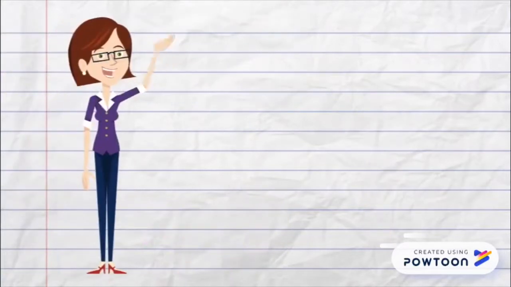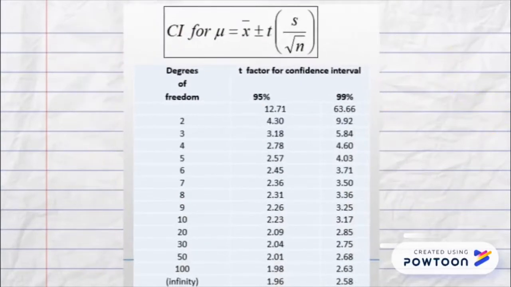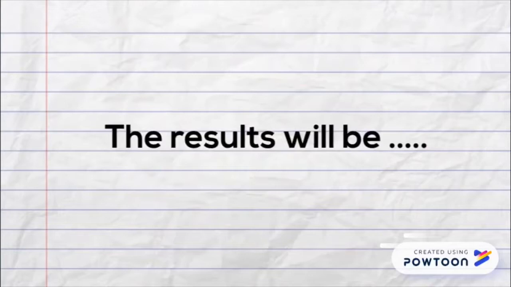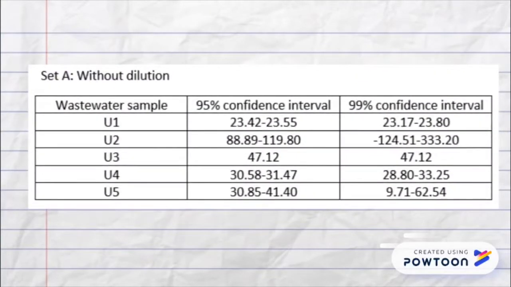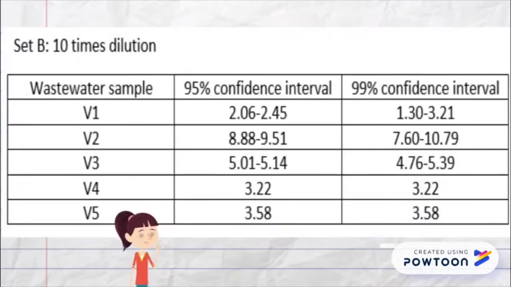Based on the results, we can also find out the confidence interval. This is the equation for the confidence interval, and also the value of n, which is 1, and the values of t for 95% and 99%. From the result we can see there are some negative minimum values, and also the maximum value is quite high.